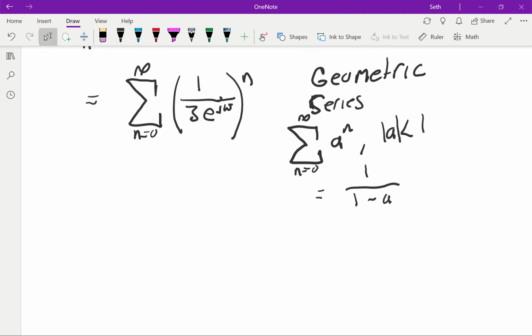So we have a factor of 3 times an exponential in our denominator, and we know that omega is always positive.